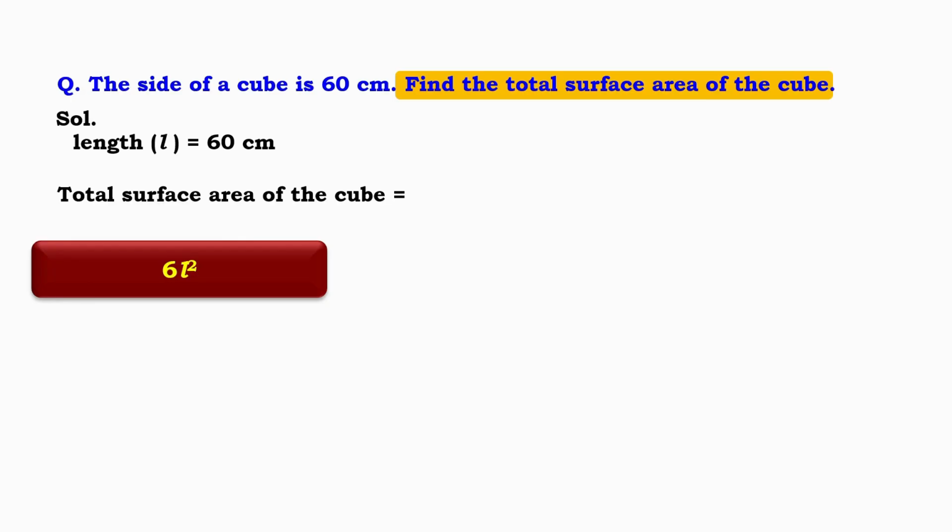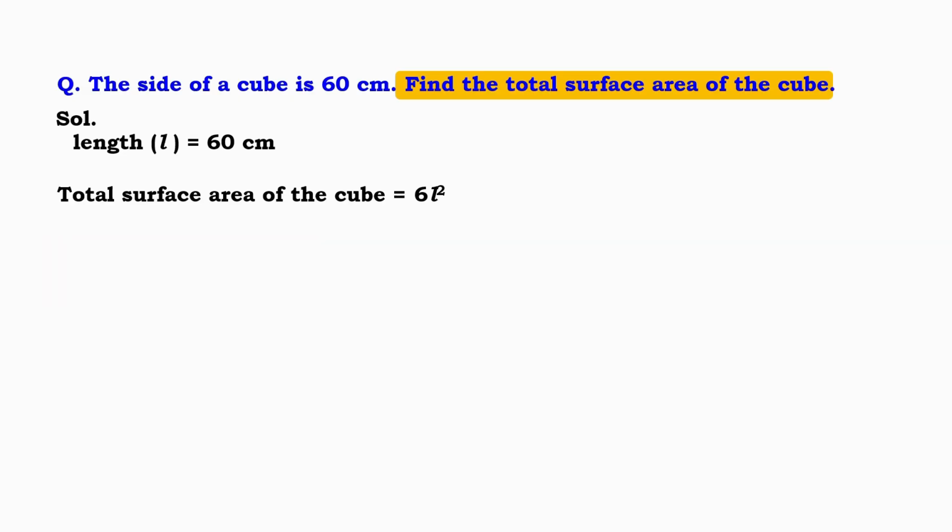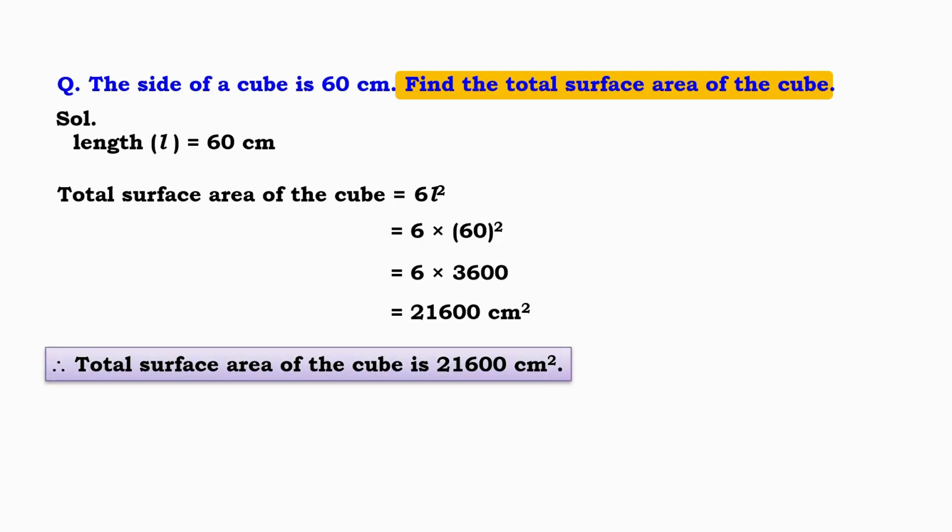So it is 6 into 60 square, that is 6 into 3600, which is 21,600 centimeters square. So the total surface area of the cube is 21,600 centimeters square.